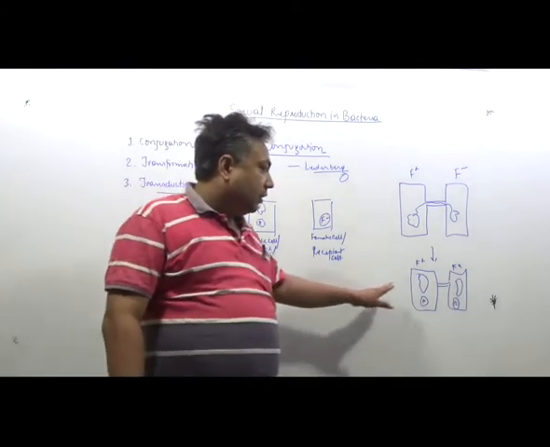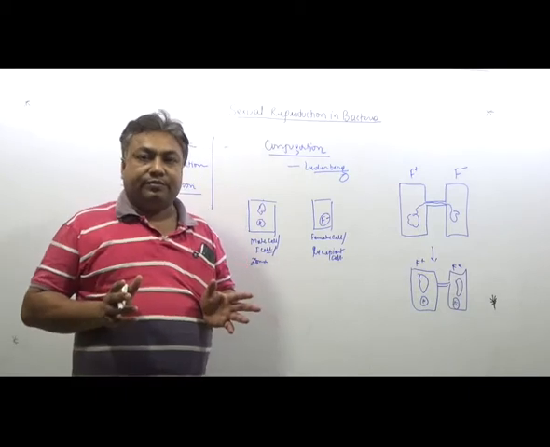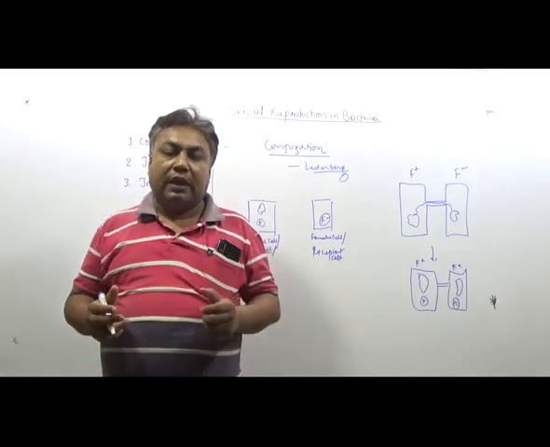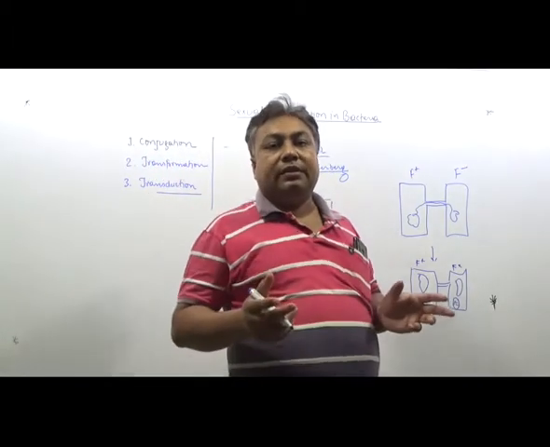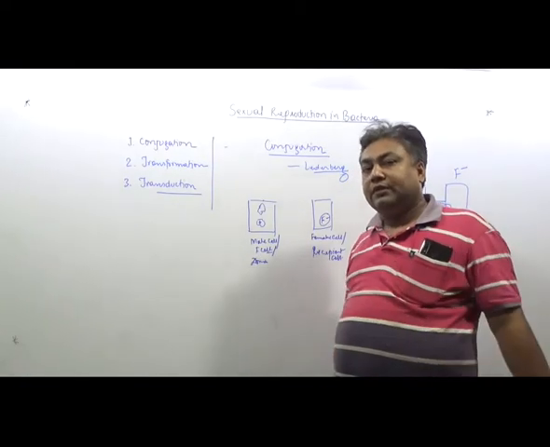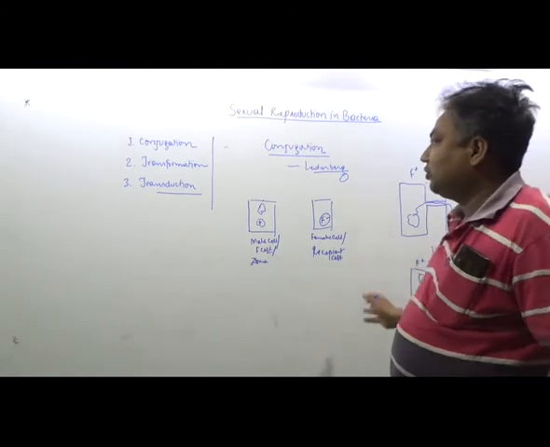So the change in the genetic setup of a cell means genetic recombination, and if genetic recombination has occurred, that means sexual reproduction has occurred. So, this process is called conjugation.